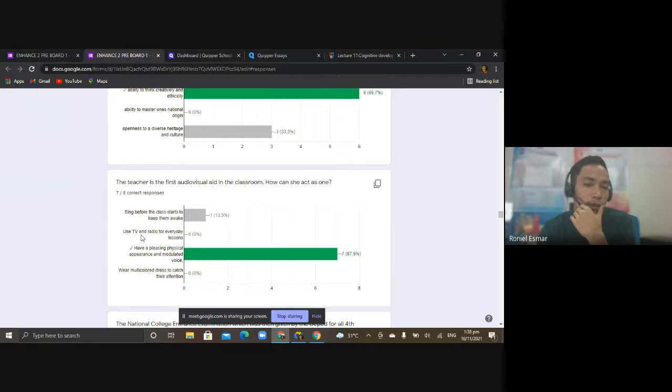Next is use TV and radio for everyday lessons. The teacher is the first audiovisual aid in the classroom. Then what will happen if we only make use of the TV and the radio for everyday lessons? Aha man nato ibutang ang teacher? If magsige lang tagpilanta og TV, sige lang papamina og radyo sa ato ang mga estudyante.